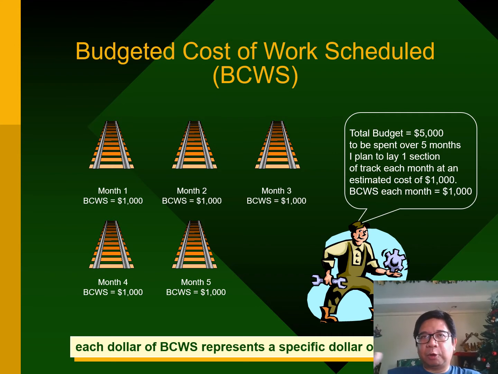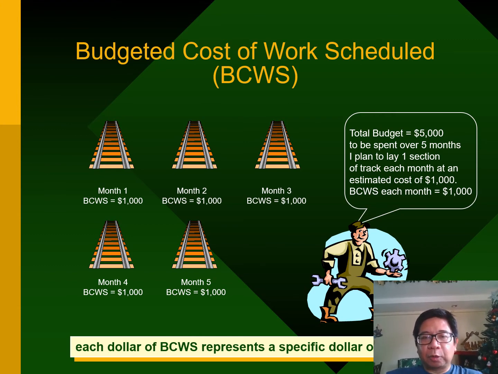Now, let's put them all together. For every month, I am supposed to create 1 mile of track for $1,000. So $1,000 is the budgeted cost of the work that I scheduled for month 1.